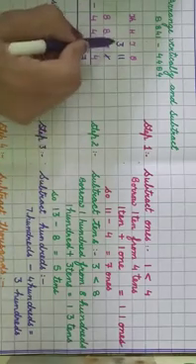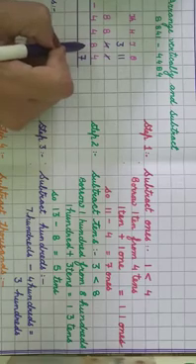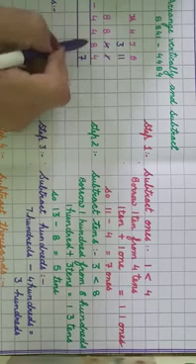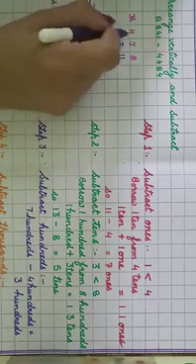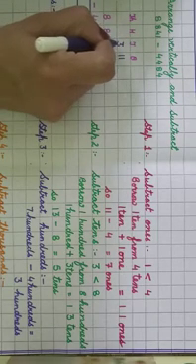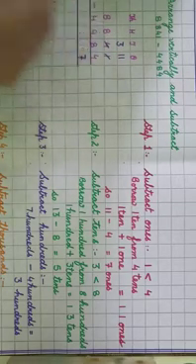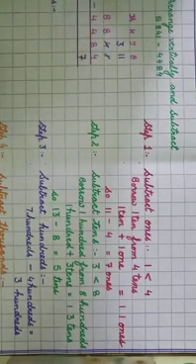Now again this 7 is less than 8. So it will borrow 100 from the hundreds.